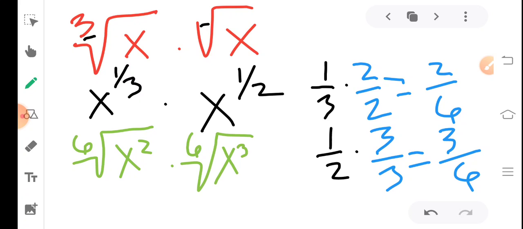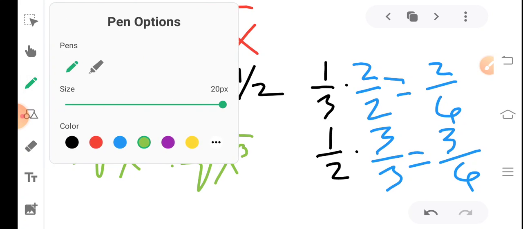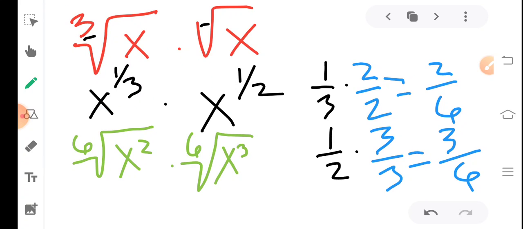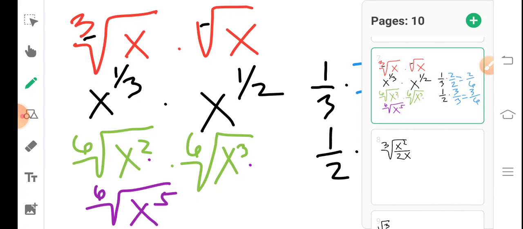So we can now multiply. The result is the 6th root of x to the 5th power, so we just add the exponents 2 and 3. Okay, let's try another example.